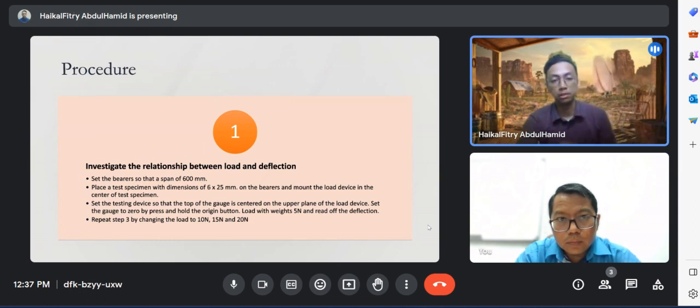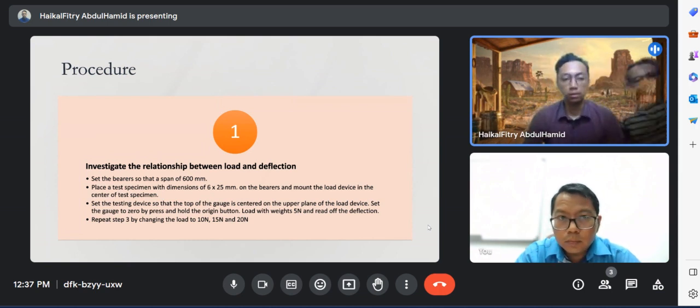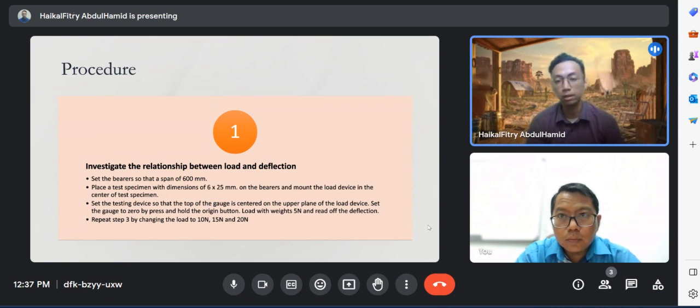It's about the procedure. Okay, in our lab, we want to investigate the relationship between load and deflections. So first we set the barriers so that the span is about 600 millimeters, and we place a test specimen with dimension of 6 times 25 millimeters on the barriers and mount the load device in the center of the test specimen.